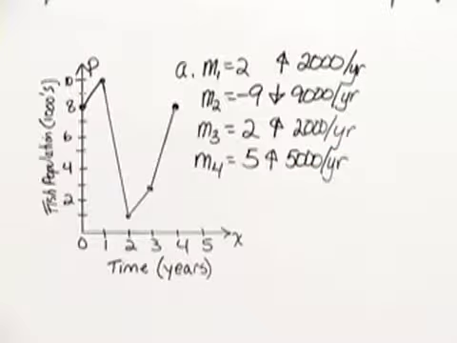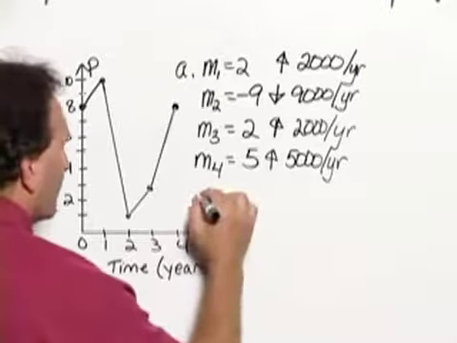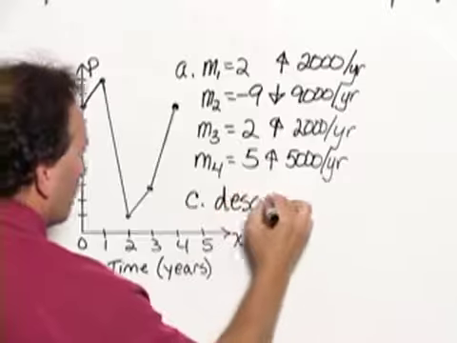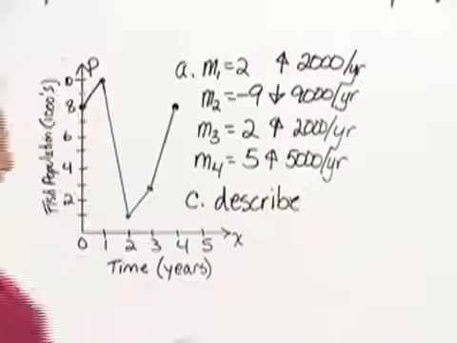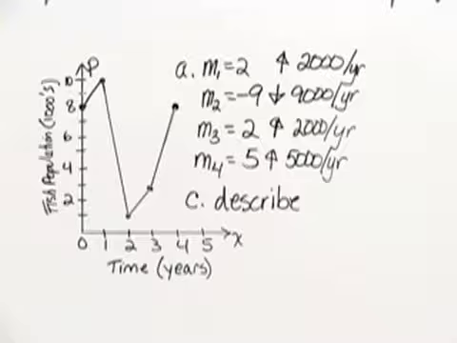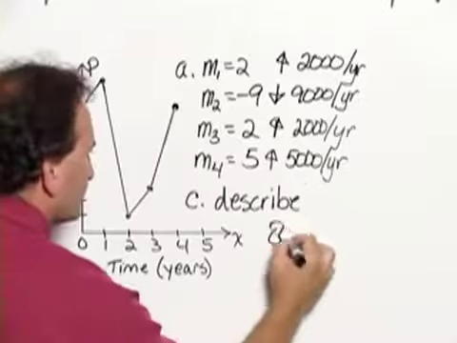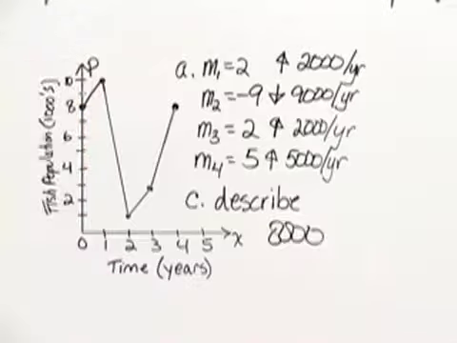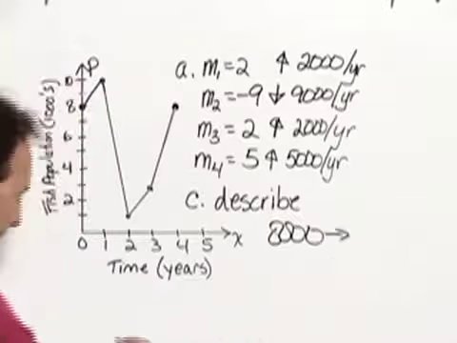Now, part C asked us to discuss or describe what happens to the fish population. So, what happens is it starts off initially at 8,000 fish. And in 1 year, it actually climbs up to 10,000 fish.